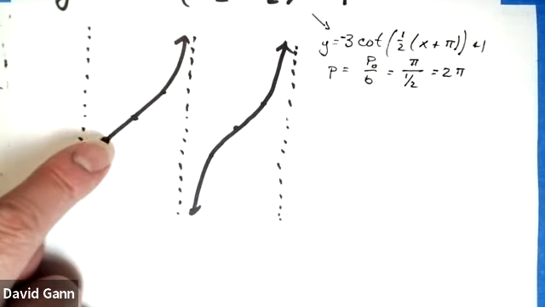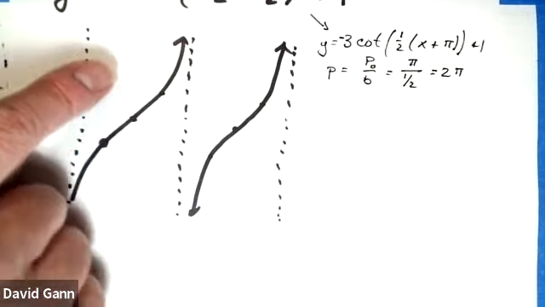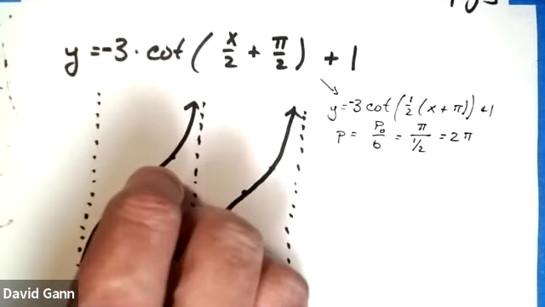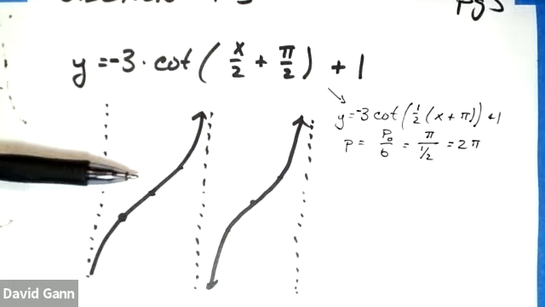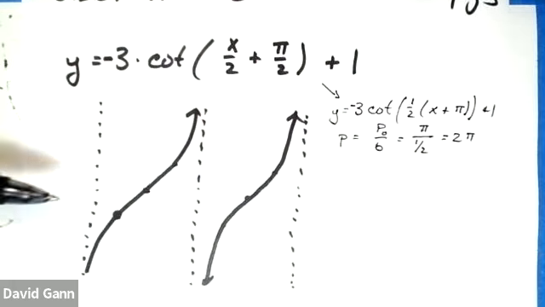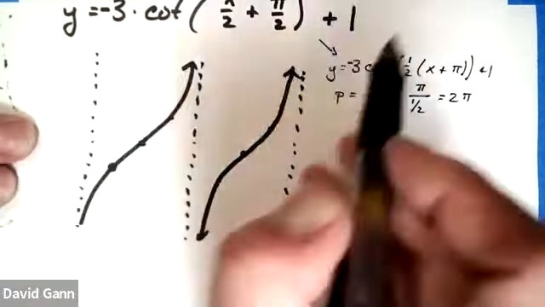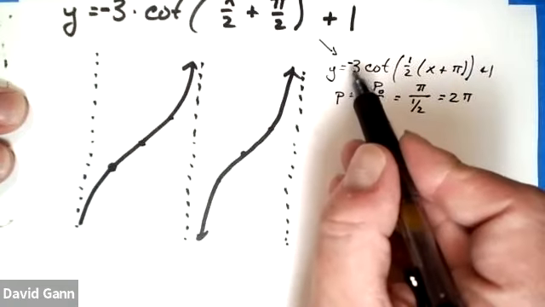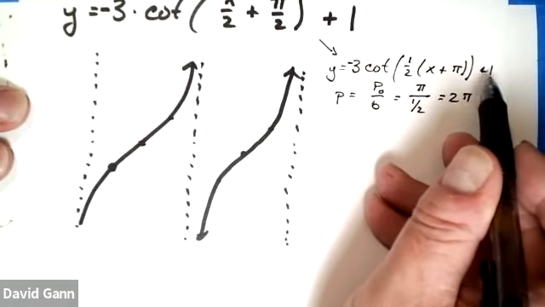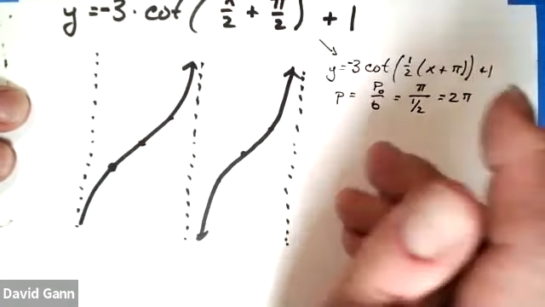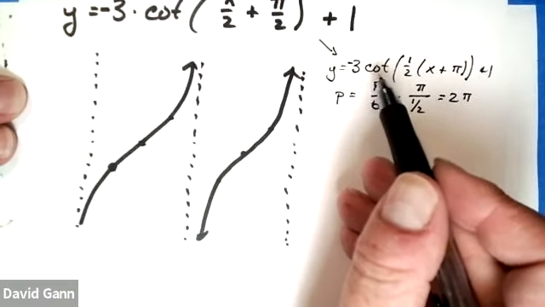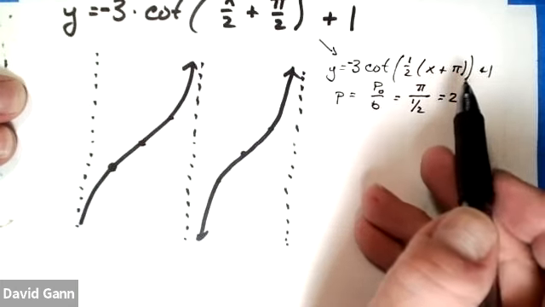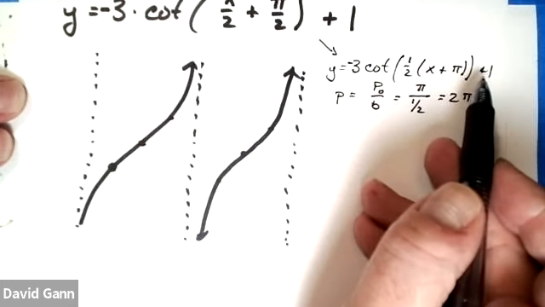Okay, so it's a reflected cotangent, and the difference between the reflection point and the quarter point should be 3. But recall that now that we have this in the form where we have A, B, C, and D, the quote normal origin for cotangent will be at the value CD.